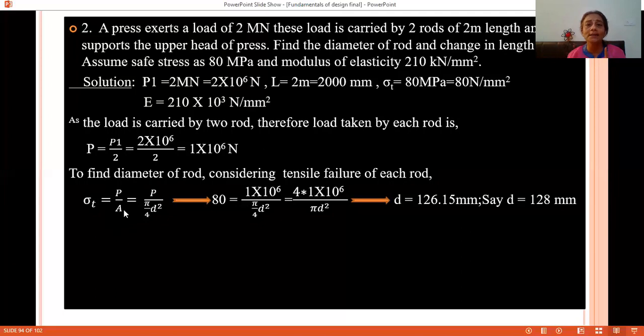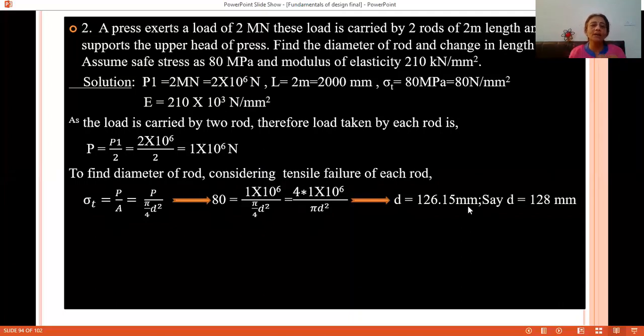As rod is circular, formula of area is pi by 4 d square. After substituting values and rearranging the terms, we will get diameter as 126.15 millimeter.